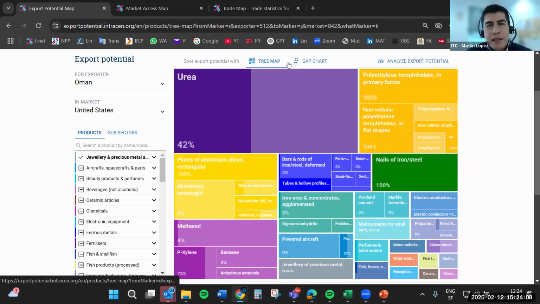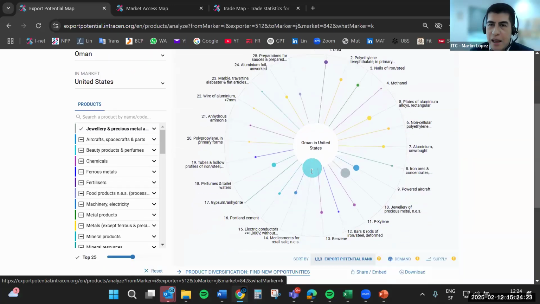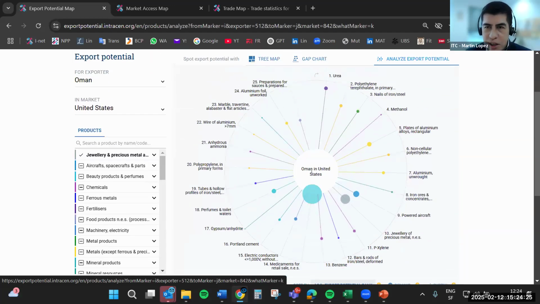What else can we do with this graph? Please follow me to the link that I'm pointing at here. Up and to the right, it says analyze export potential. So we can also analyze export potential with this visualization.